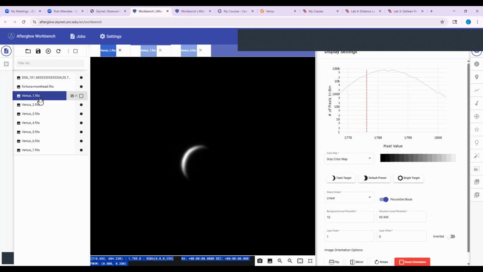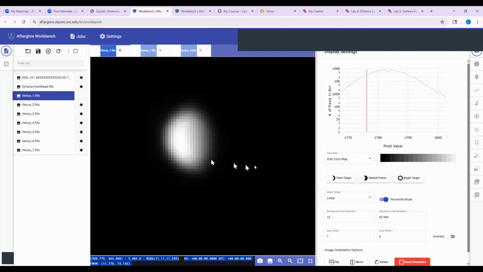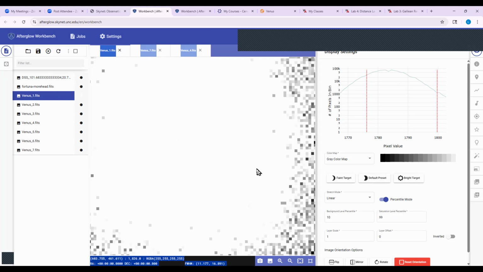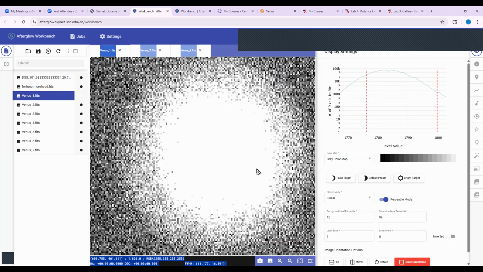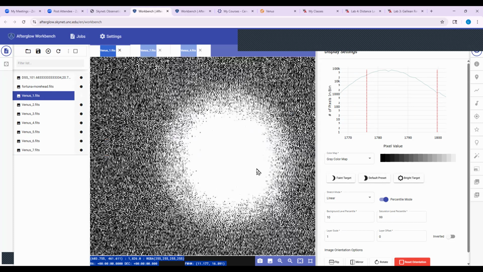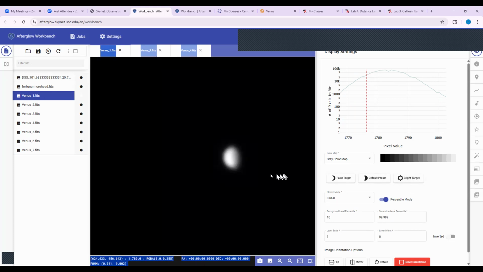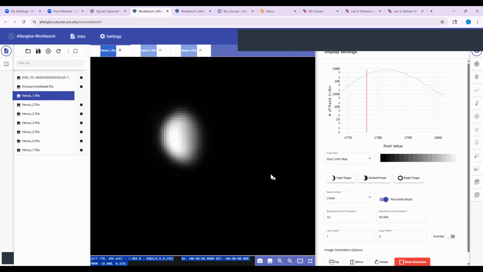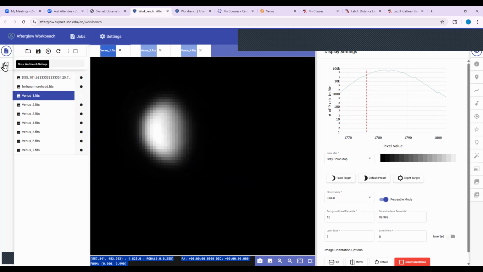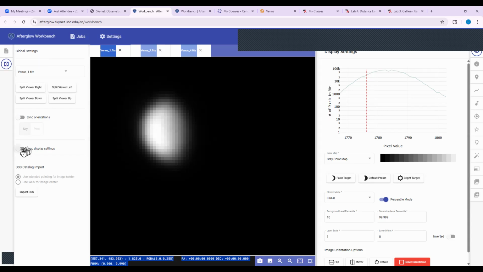Okay, that's good. Therefore, normally what you should do is click on the bright object, because if you don't do that, it's going to be like this picture, and this is not good for taking the measurement. You make it a bright object, and you enlarge it as much as you can to be able to see the edges, and then you go here to the settings and make a synchronized setting.